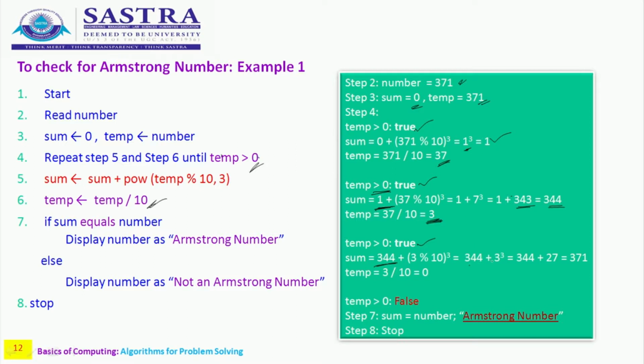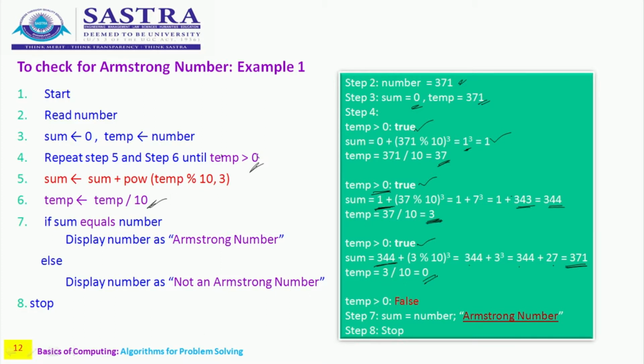So 344 plus 3 modulus 10, then it will return you 3. If only a greater number is there, it can return you the remainder, or else it will return you the actual number. So 344 plus 3 cube is equal to 344 plus 27, which gives you 371 as your sum. Still, the system doesn't know whether the process is over or not. So temp is equal to temp by 10. That is, new temp is 3, 3 by 10 is equal to 0.